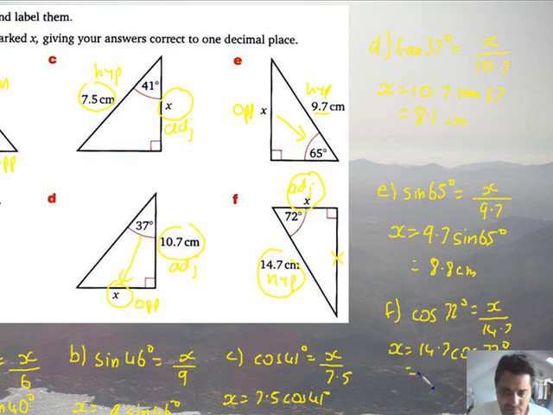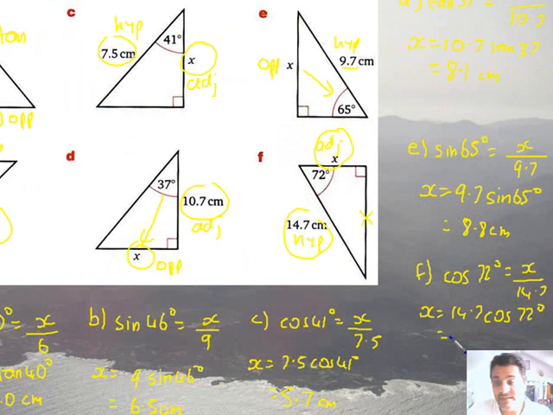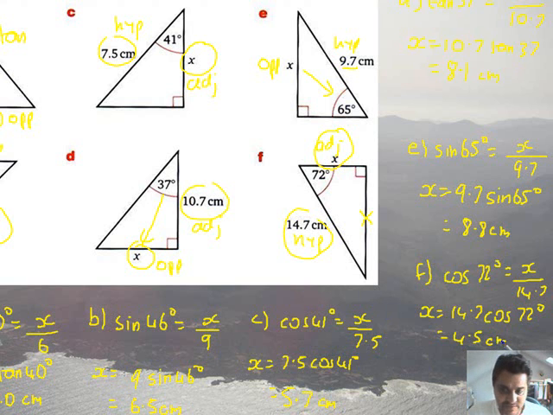Punch it into the machine with absolute confidence, and you will get the right answer. The machines won't lie. Times the cosine of 72, and there it is before I press the equals. There's the equals. I don't know what it is. Can you read it? Yep, 4.5 centimeters. I know that's correct. Can't argue with it. 4.5 centimeters.